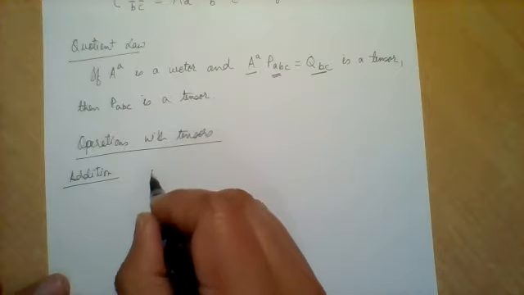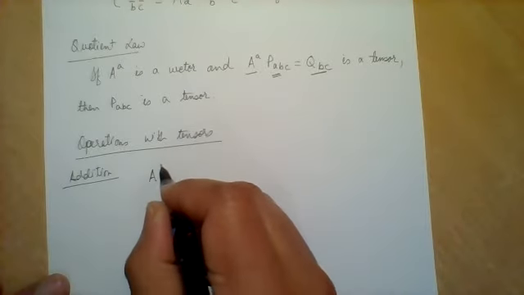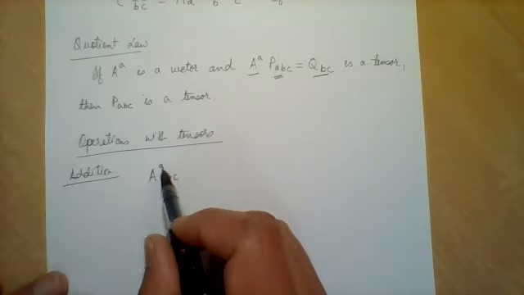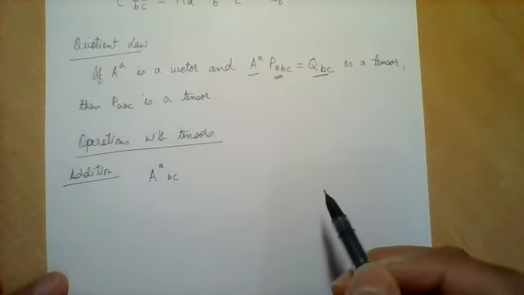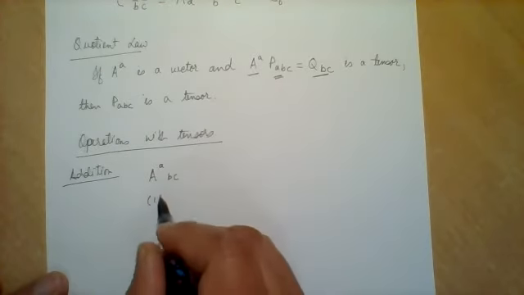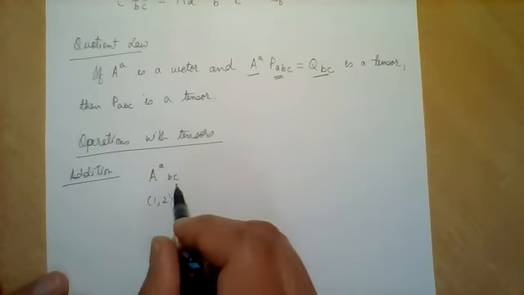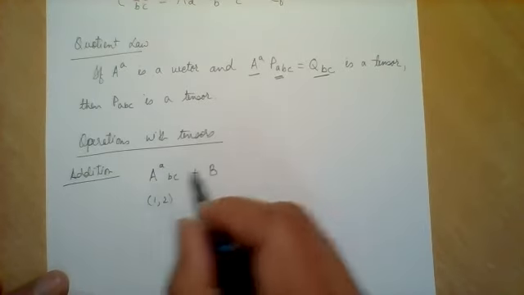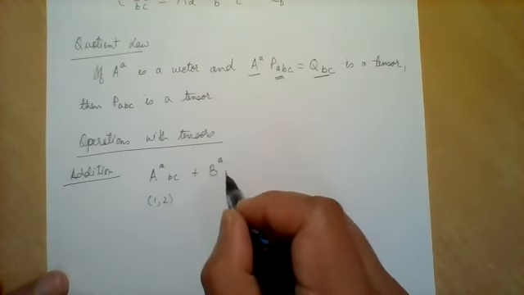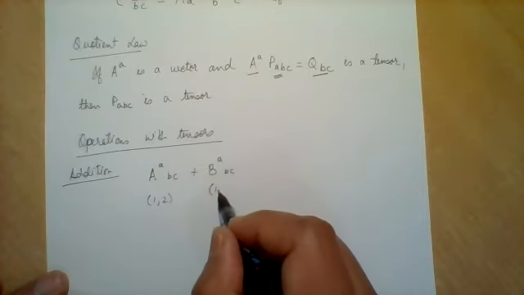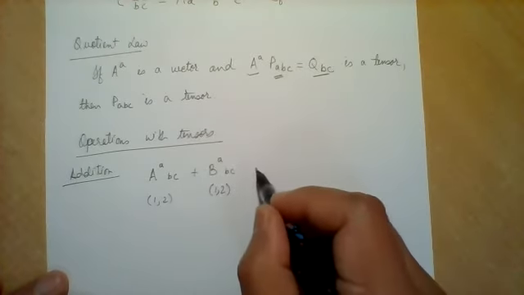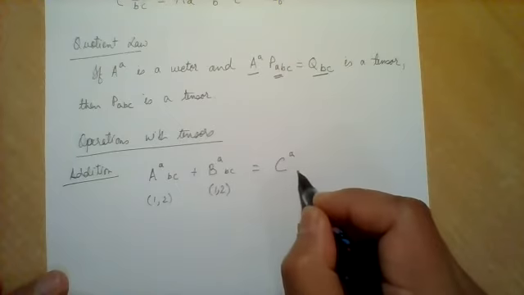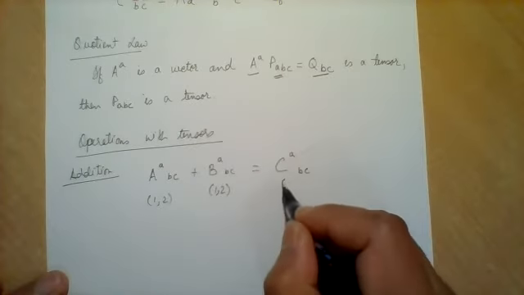So if I have a tensor of type 1, 2, and another tensor of the same type 1, 2, then I get a new tensor which is also of the same type, 1, 2.